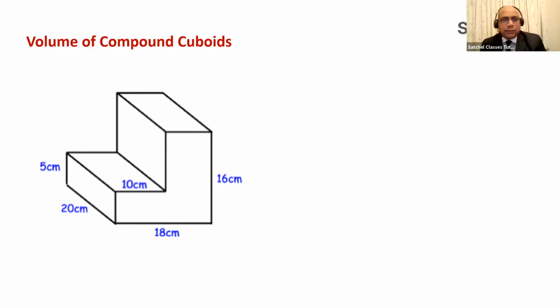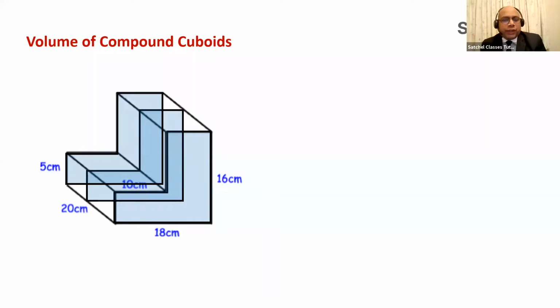The compound cuboid in this case is a prism with the L-shaped cross section remaining the same throughout the depth of the prism, which is the 20 centimeters dimension. So we can find the area of this L-shaped cross section, multiply it by the depth, 20 centimeters, and find the volume of this compound cuboid, correct?